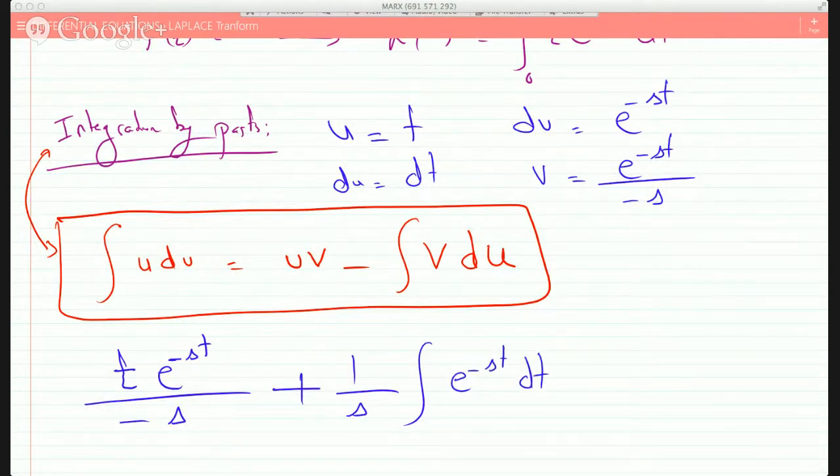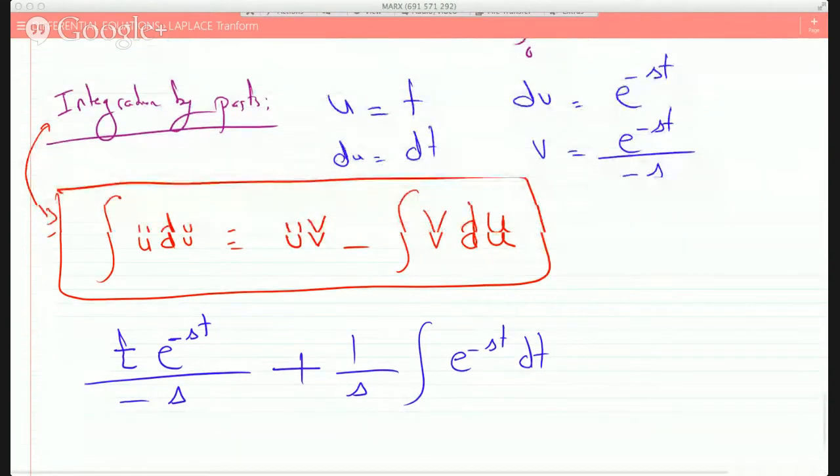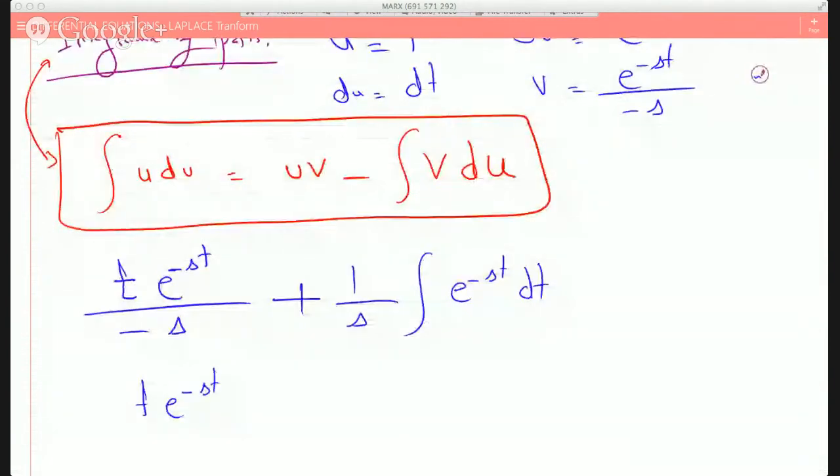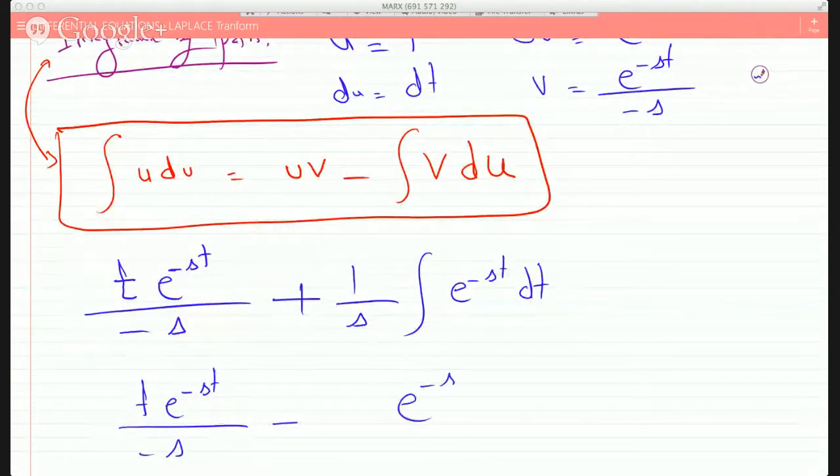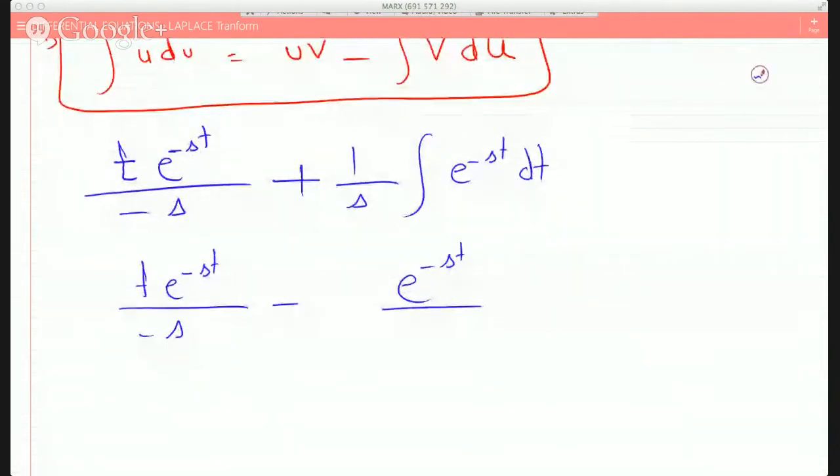We can easily integrate this, so we get t e to the minus st over minus s. The integral of e to the minus st is e to the minus st over minus s, and you have another s here, so this becomes minus s squared.